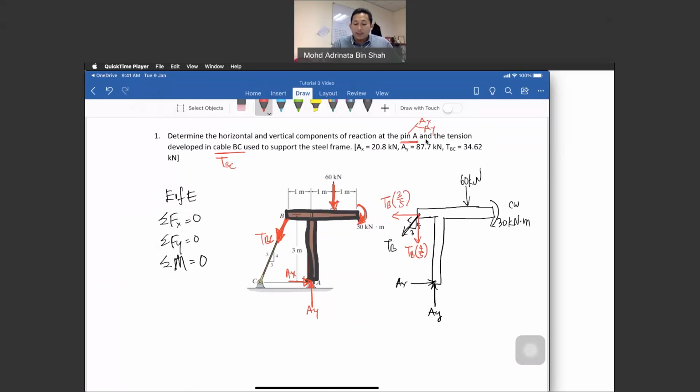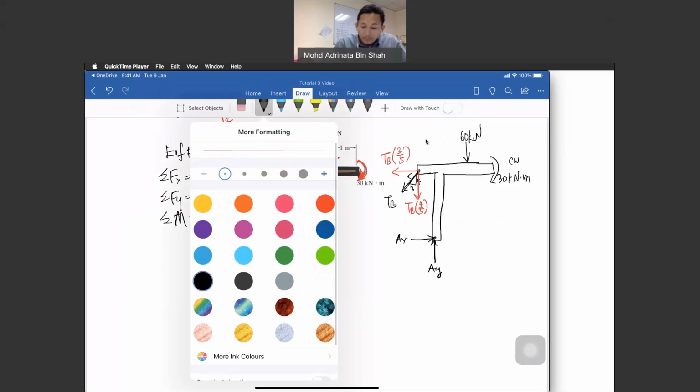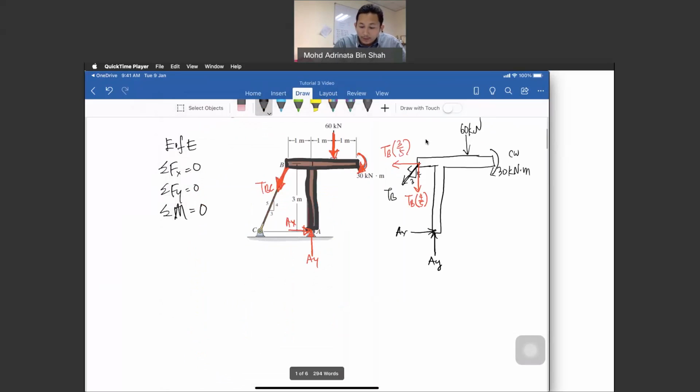And there are no additional forces acting on the body with an angle. So we try to solve our equation. Okay.